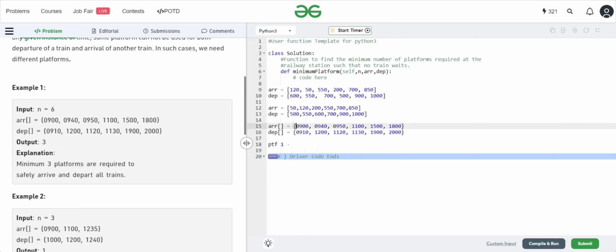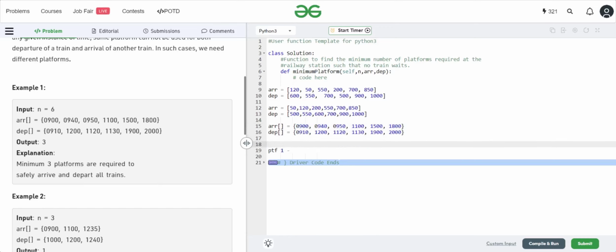At platform number one, the first train is arriving at 9:00 and it's going to leave at 9:10. Let's say the total number of platforms is currently equal to one. So platform number one is going to have the train at index number one.